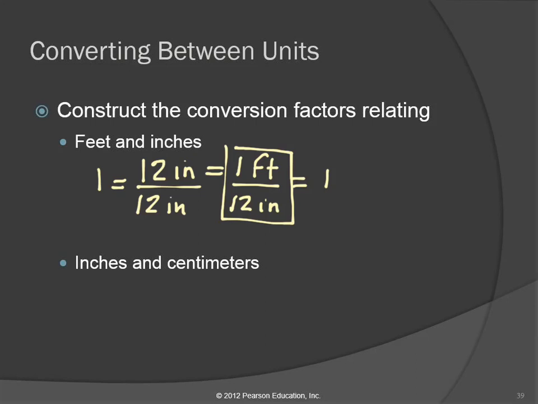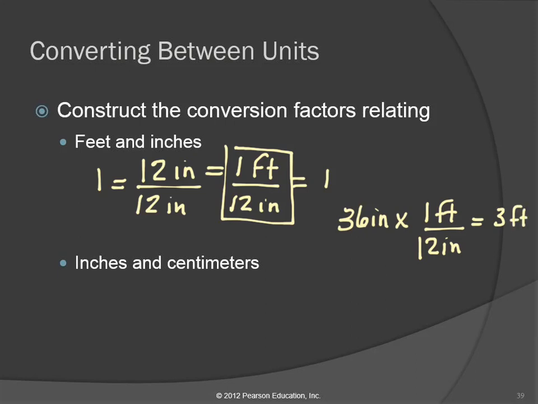So if I take 36 inches and I multiply by this, 1 foot divided by 12 inches, I am multiplying by 1. Am I changing the length? No. But what does this end up being? 3 feet.